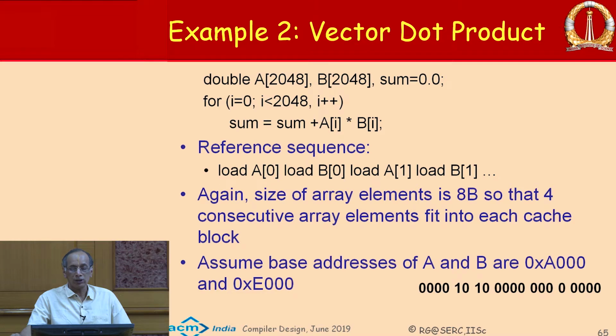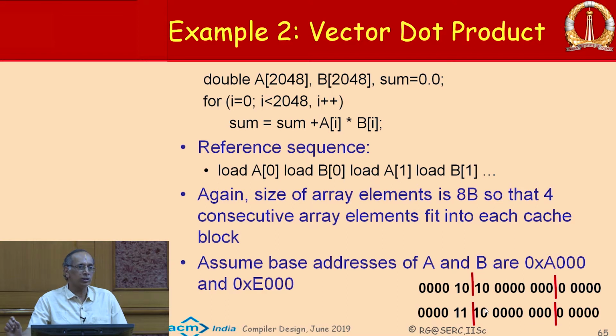Now you can see that the first address is this and the second address is that. Now what do you see? That A of 0 and B of 0 are mapped to the same cache block.